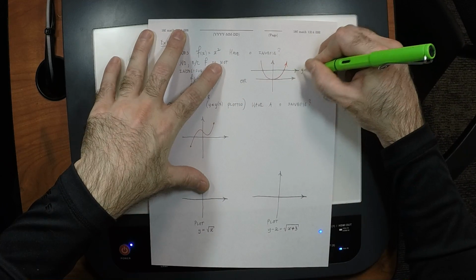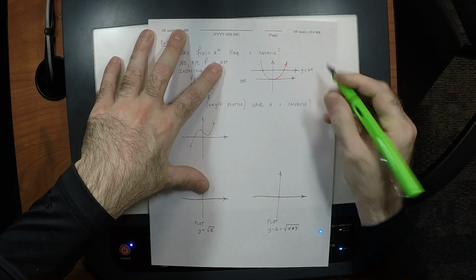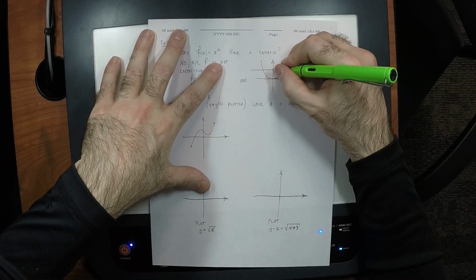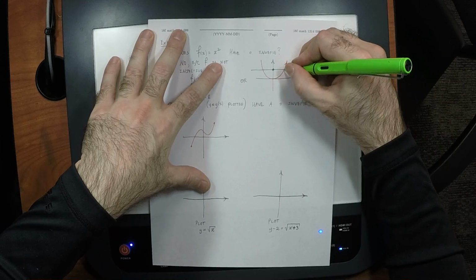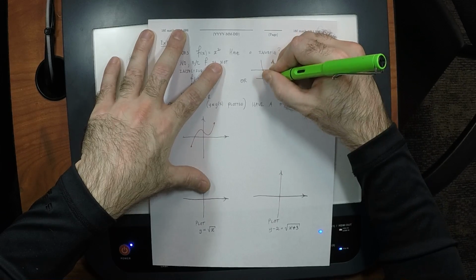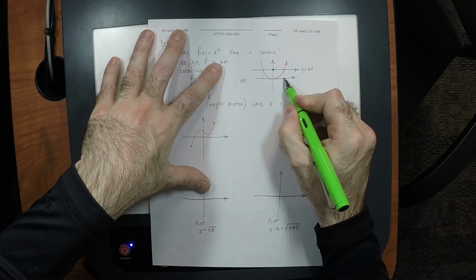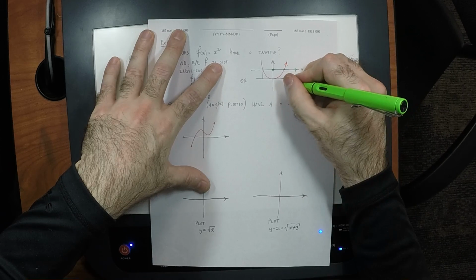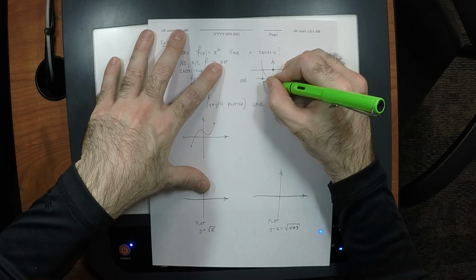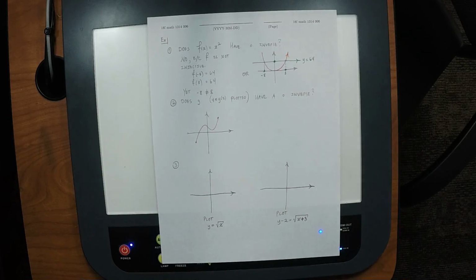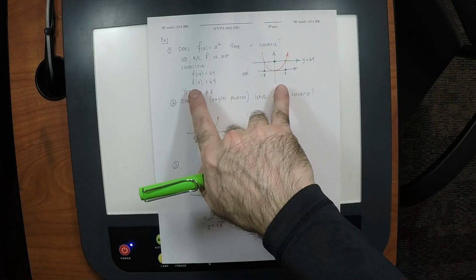If this is y is 64, concerning the output 64, notice that there's 2 ways to get it. What's this input? That's 8. And what's this input? Negative 8. So these 2 things are saying the same thing.